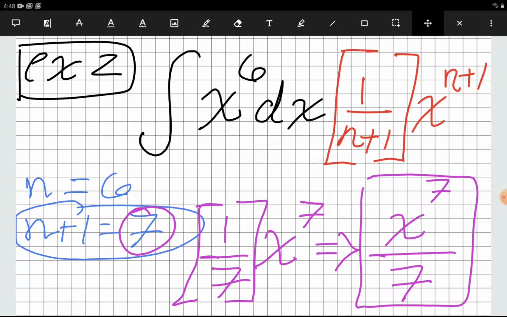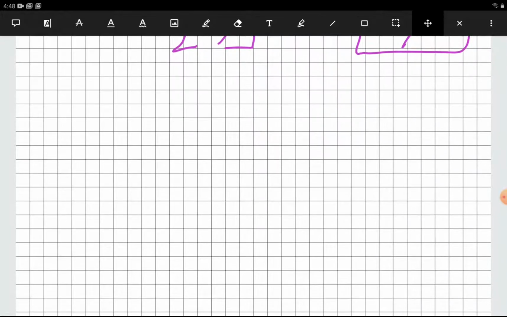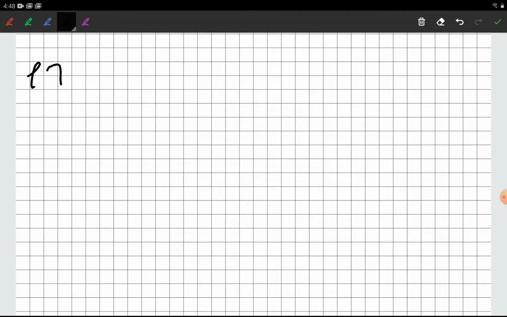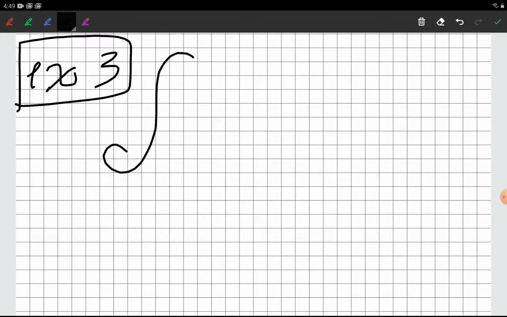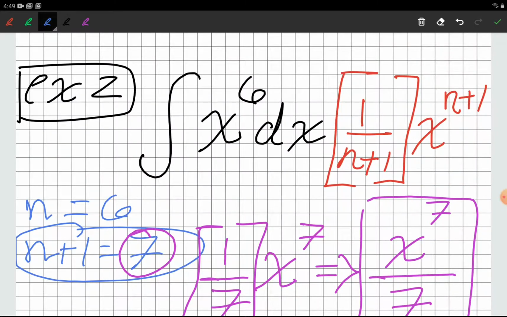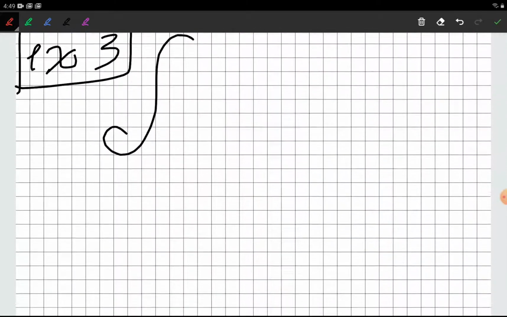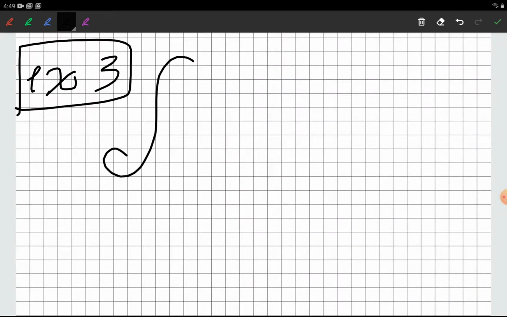And let's do another one. Example 3. Now I'm going to introduce visible coefficients, because up here we do have an invisible coefficient, so that's 1. Now I'm going to make these coefficients visible. So let's make it 2x to the 5th power with respect to x.